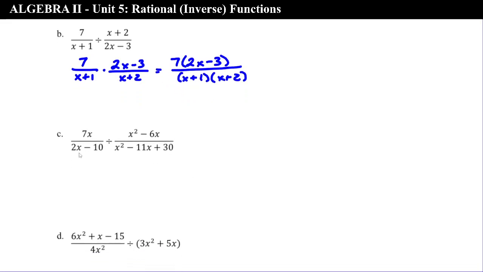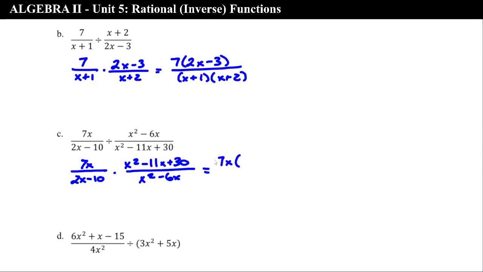For c, we've got 7x over 2x minus 10 times this trinomial that's in the bottom over x squared minus 6x. So we're going to have 7x.